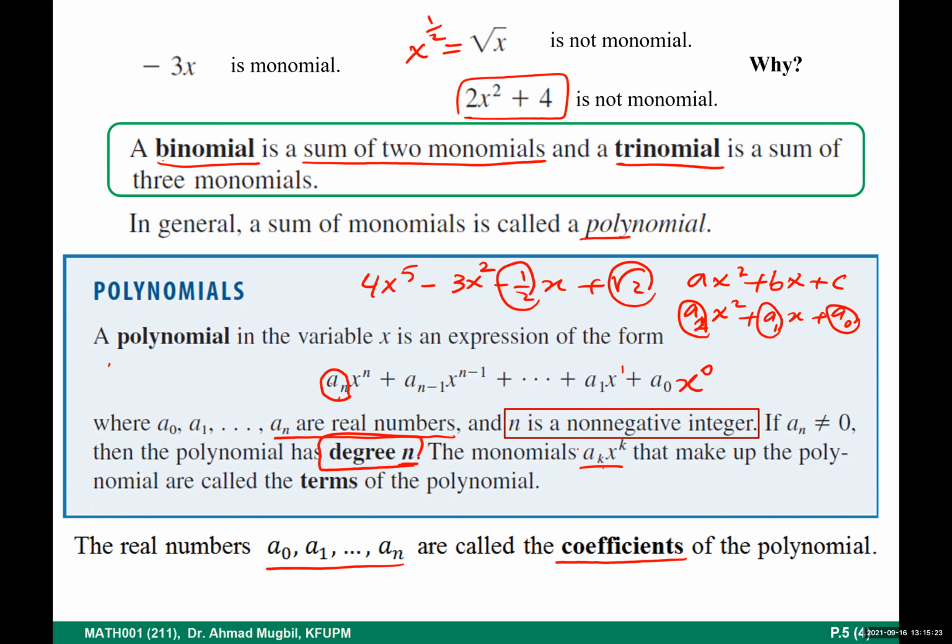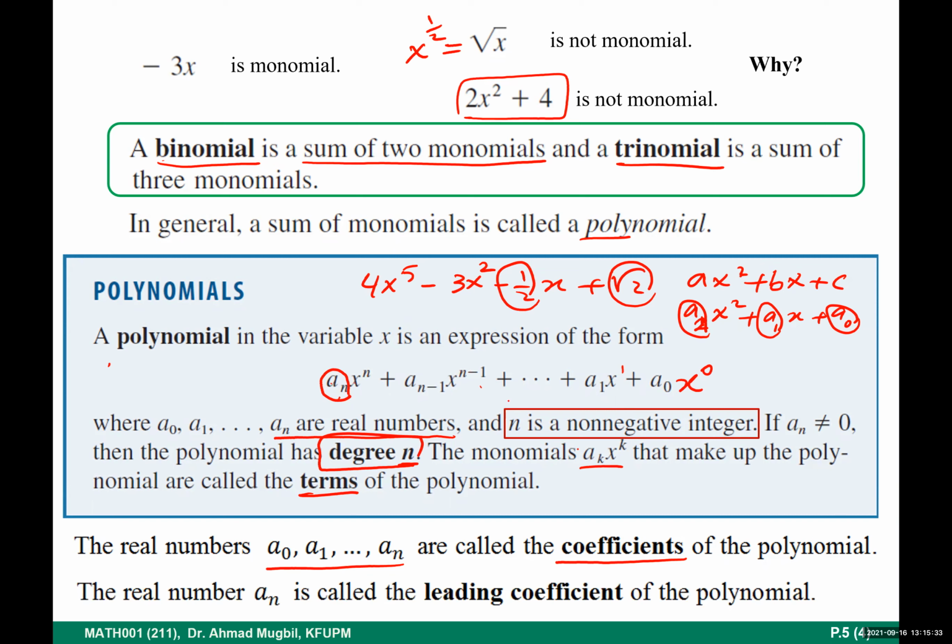And the monomials, of course, are called terms. So by terms of the polynomial, we mean each one of these monomials. The coefficient of the largest power is called the leading coefficient. We will see the importance of this in chapter 3, inshallah, when we study polynomials. Chapter 3 mainly is about polynomials.